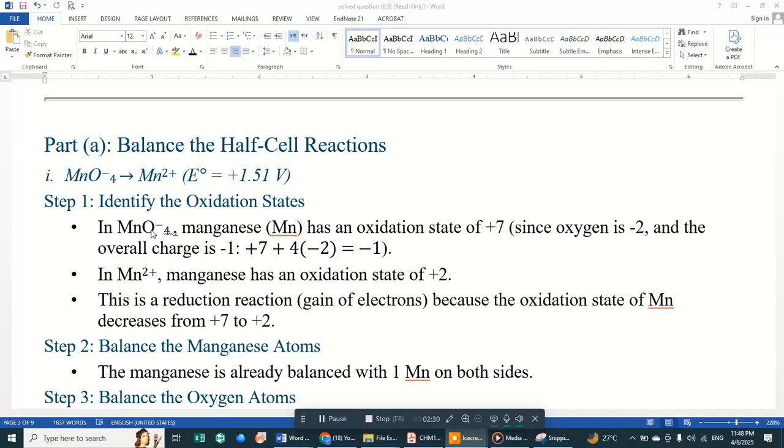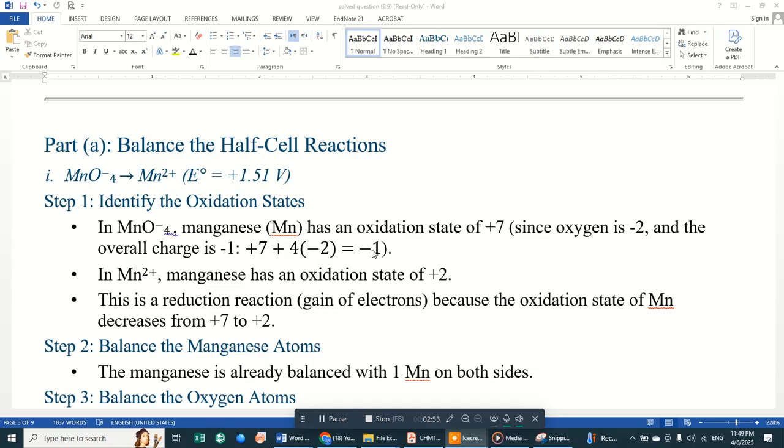Basically, oxygen has a -2 oxidation state, the normal oxidation state. There are 4 oxygens, 4 multiplied by -2 is -8, and the oxidation state for manganese is +7. +7 and -8, that is -1.